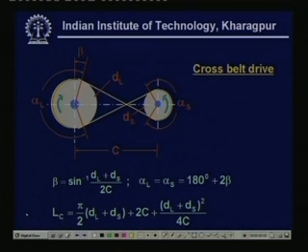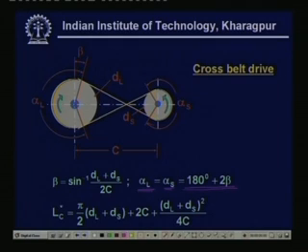Now, in both the cases the angle beta is subtending on these two sides. So, therefore, the angle of wrap alpha L is equal to alpha s. This is alpha s and this is alpha L, both are the same in this case, and it is given as 180 degree plus 2 beta.